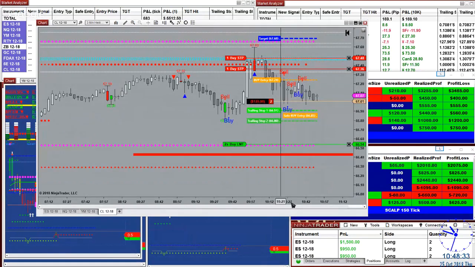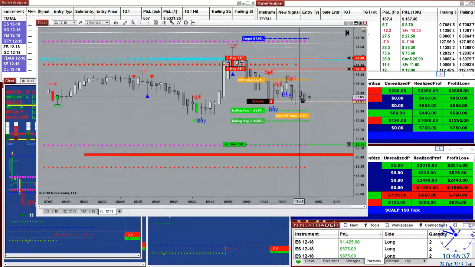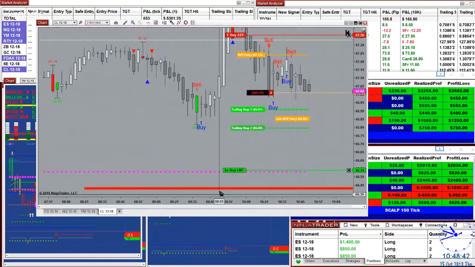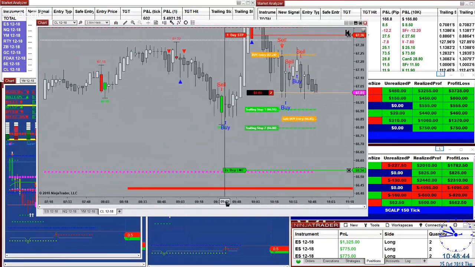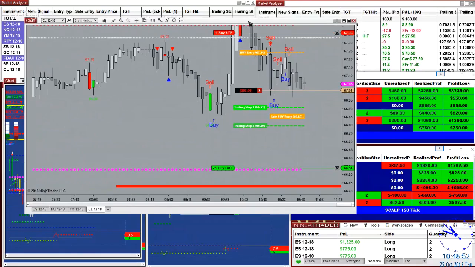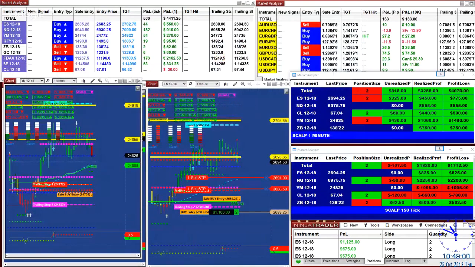Look at this chop on the CL, sell, buy, sell, and it's not going anywhere. Oh boy. It's not going anywhere, that CL. So we are stuck with the CL. We'll stay quiet for a few minutes and wait on the new signal.